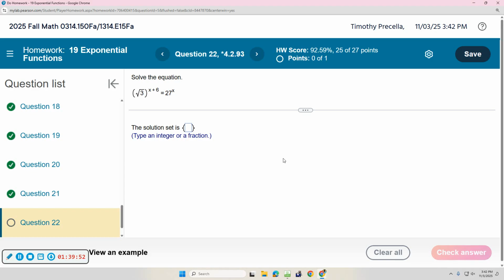Let's see. The square root of 3 to the x plus 6 is equal to 27 to the, just x.